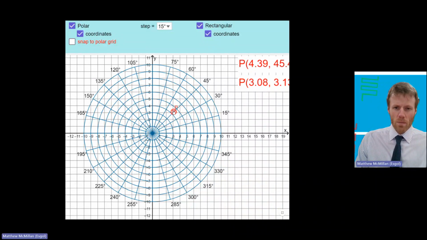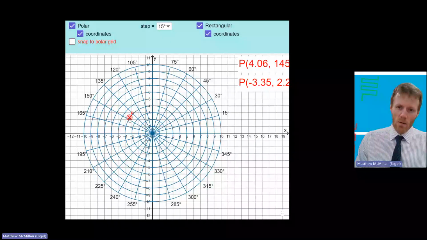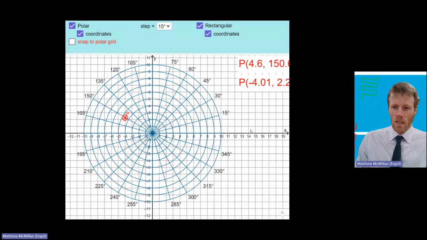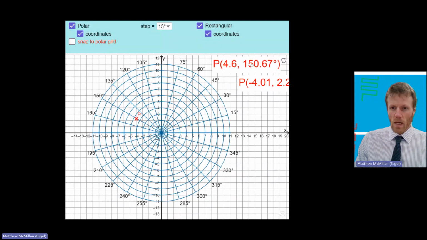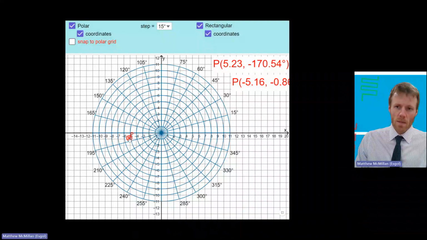So I can move this point wherever. When we get around to over this side, let's just move that in a bit. You can see that the polar coordinate, if you take a look at the angle up here, is getting to 160, 170. As I come further and further around, it then flips back to negative.